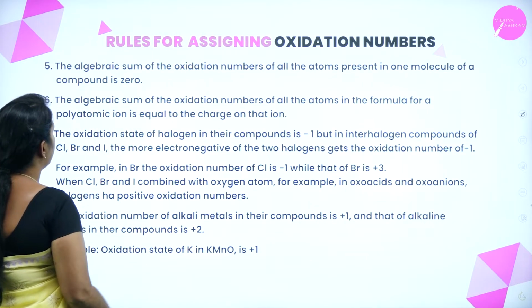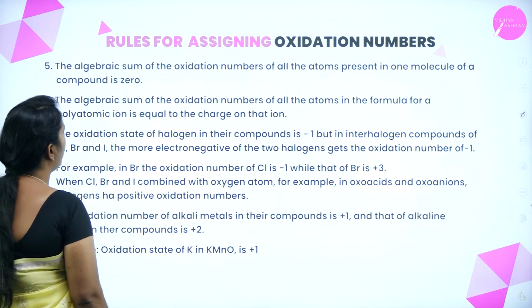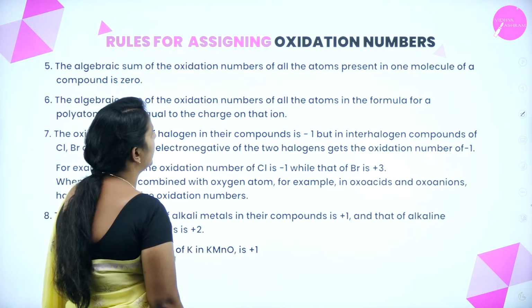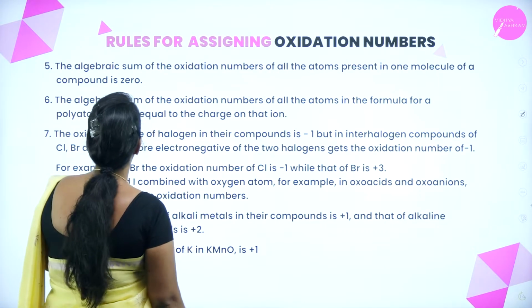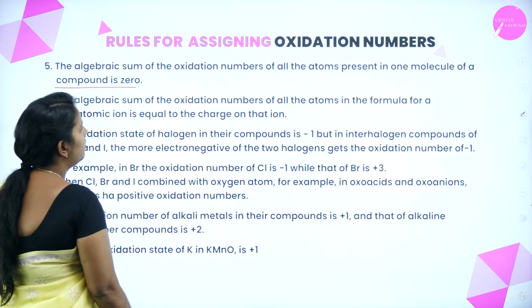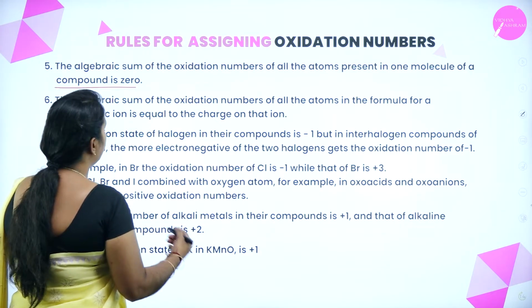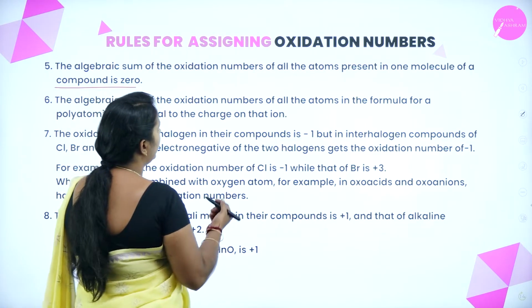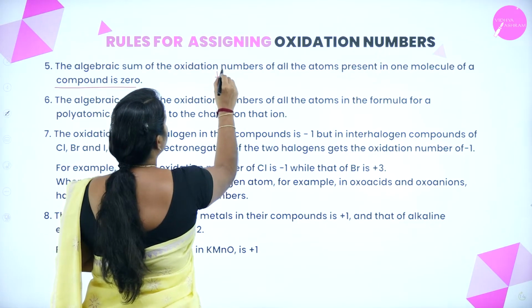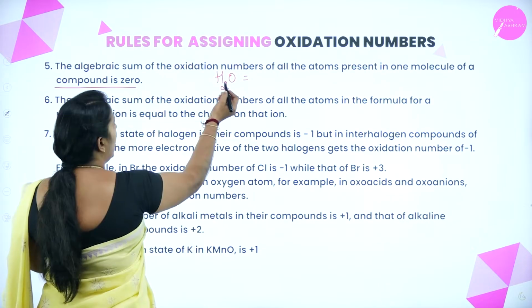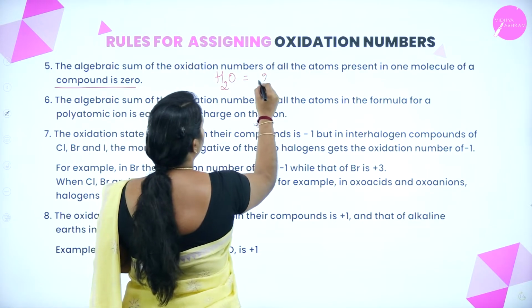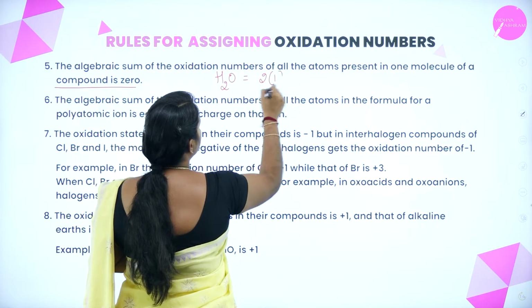Next, rule 5 says that the algebraic sum of oxidation numbers of all the atoms present in one molecule of a compound is 0. For example, if I calculate the oxidation number in water, how many hydrogen atoms are there? 2. So what is the oxidation number of hydrogen? It is 1.